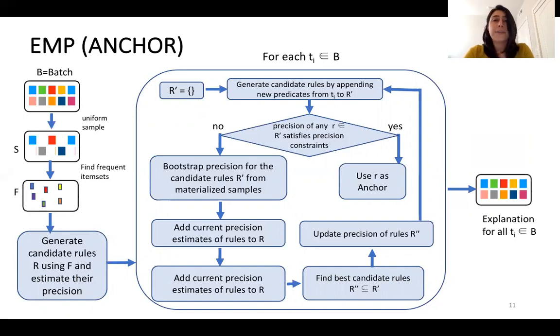If yes, we can use that one as an anchor. And if no, we can still bootstrap the precision from our storage and use it for continuing on expanding the partial rule and calculating the precision of the next steps.